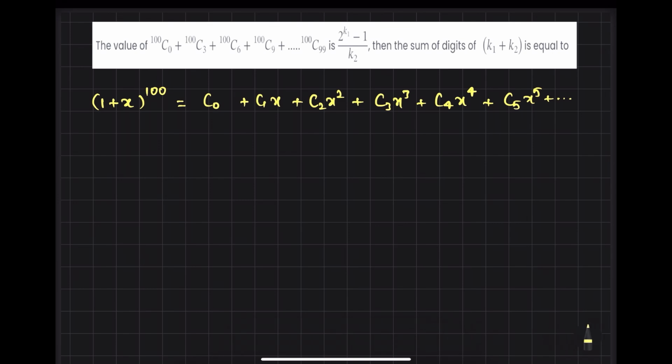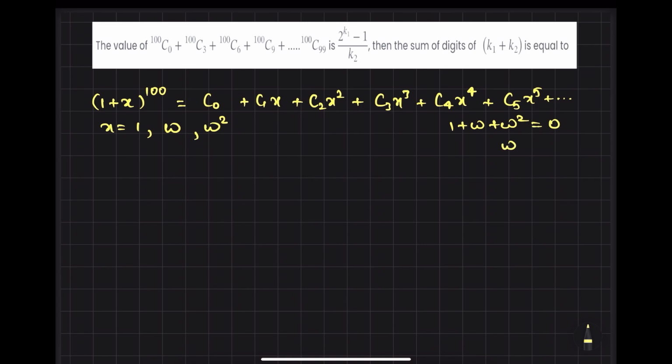What we will do here: the gap is of 3. So first I will be using x equals 1, then omega, then omega square. You know that 1 plus omega plus omega square is equal to 0.